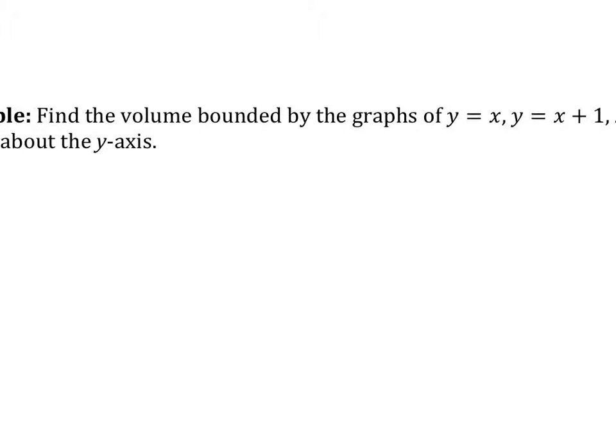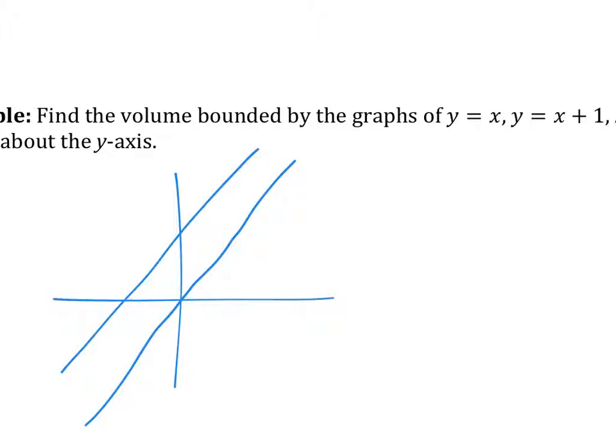Find the volume bounded by y equals x, y equals x plus 1, y equals 0, y equals 2, around the y-axis. Okay, draw a picture first. Okay, so this picture looks like this. What is it? X equals 0, y equals 2.